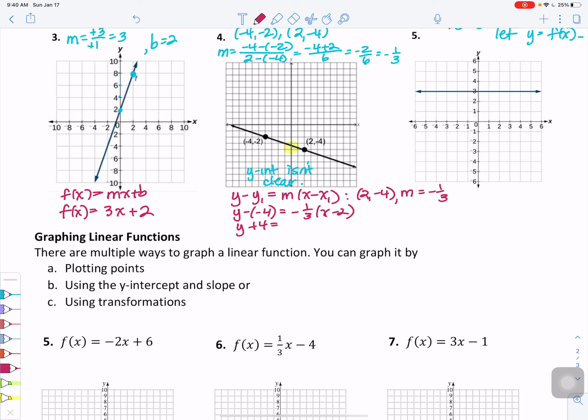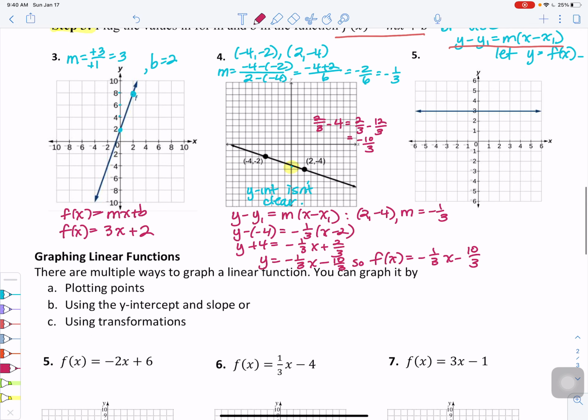Let's simplify, and then subtract 4 from both sides. If you have 2/3 and you want to subtract 4, you could take 2/3 minus 12/3, which is -10/3. So now we'll say f of x equals -1/3 x minus 10/3.